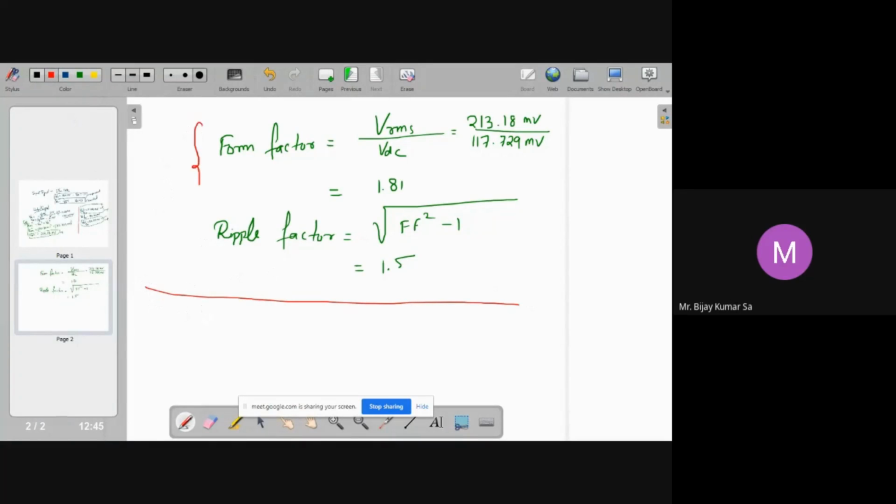This is experimental. Theoretically, what about the theoretical part? Form factor.